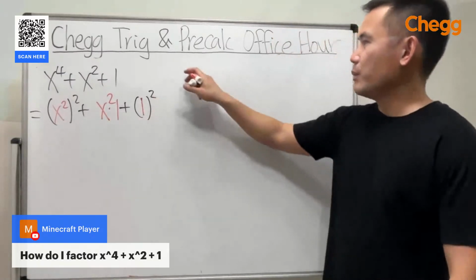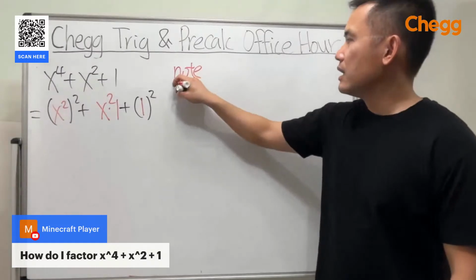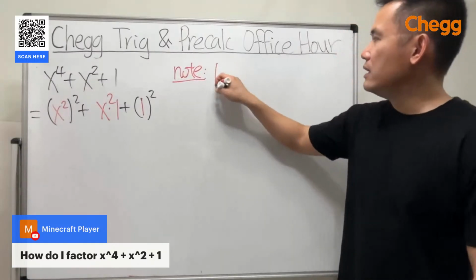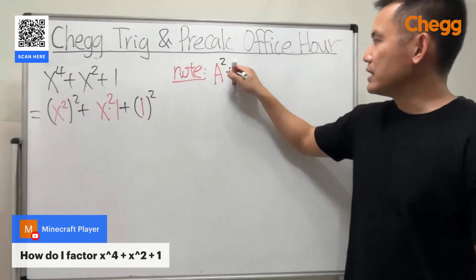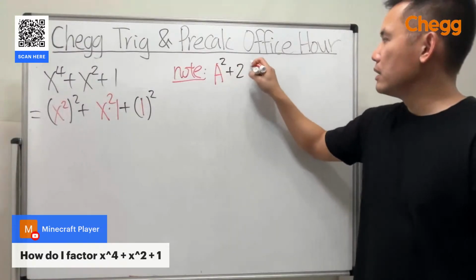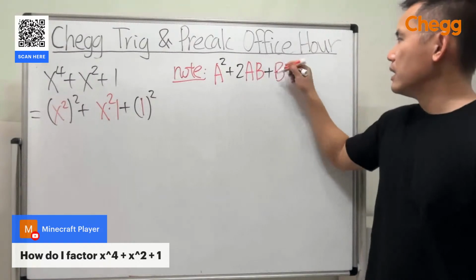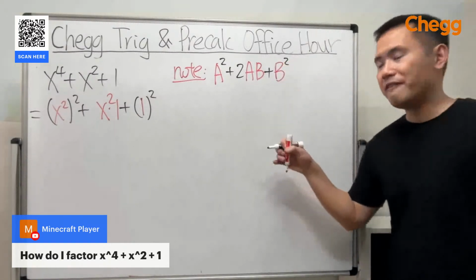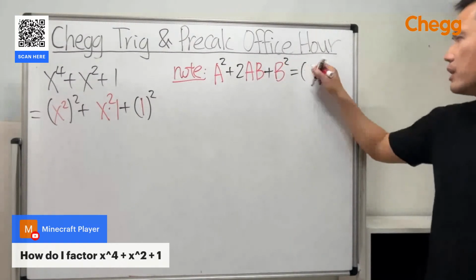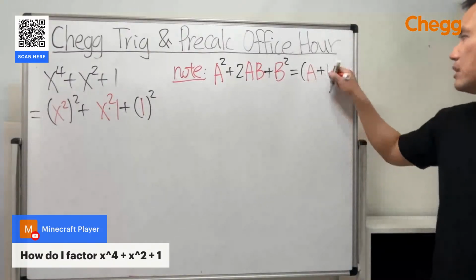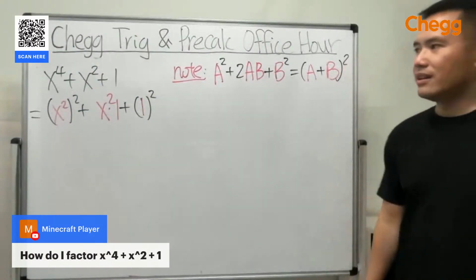Now, let me remind you guys, when we have a plus b squared, it's a squared plus 2ab, and then plus b squared. This is the one that we can factor, and then we get a perfect square, namely (a plus b) squared.